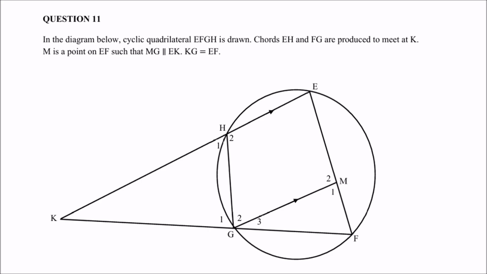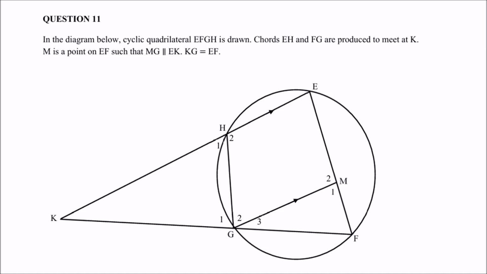Chords EH and FG are produced to meet at K. M is a point on EF such that MK is parallel to EK. KG equals EF. Please have a good look at this drawing, see what is given, and try to visualize what deductions can be made before you look at the questions.